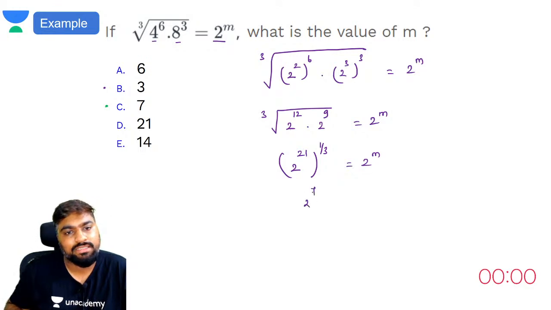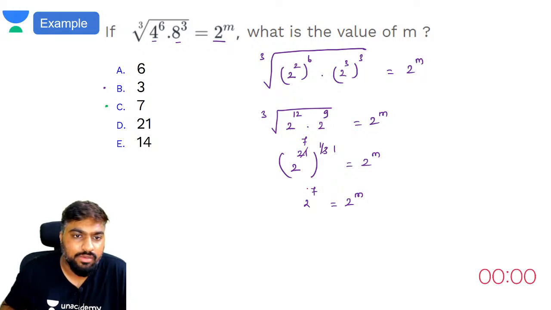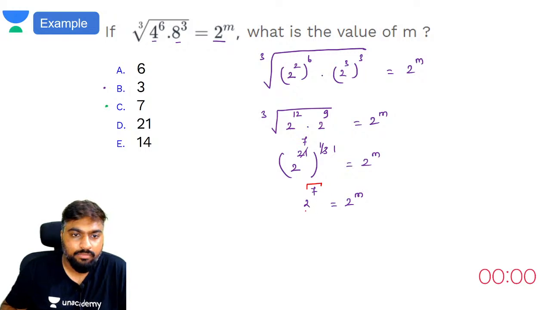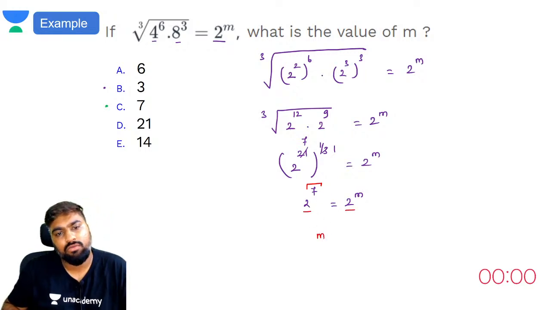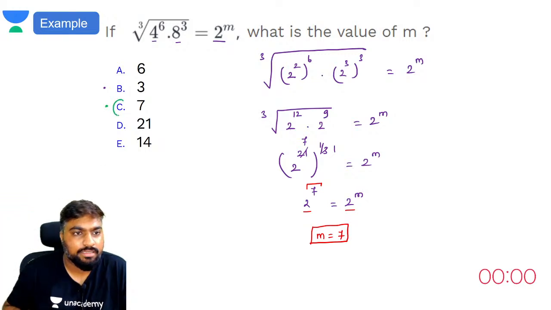You get 2 power 7. If the bases are equal, then the exponents will be equal. So what is the value of m? m is equal to 7. Got it, everyone? The value of m is 7.